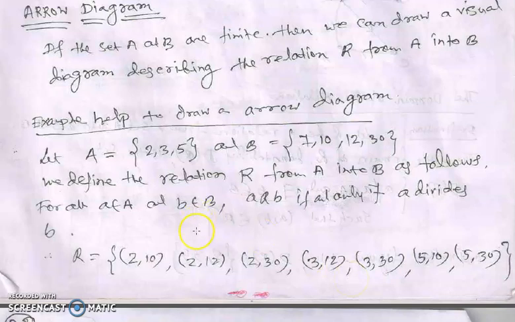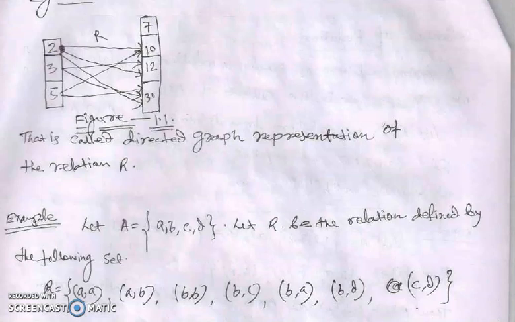So what should be the range of the relation R? That should be 10, 12, 30, no more elements. That means here the number of pairs is 7, but for the image case we consider just 10, 12 and 30. Here we explain the same example using an arrow diagram.